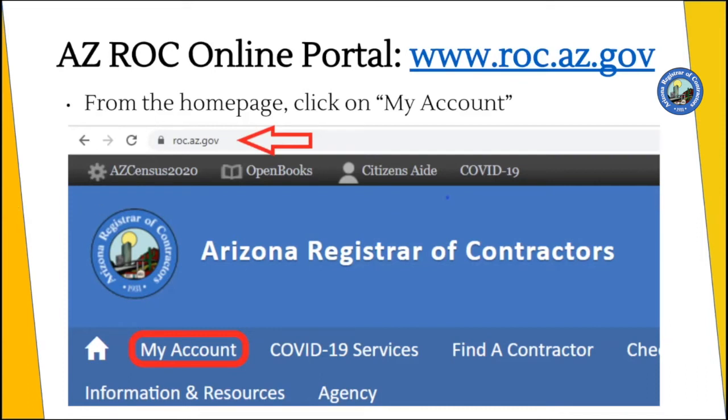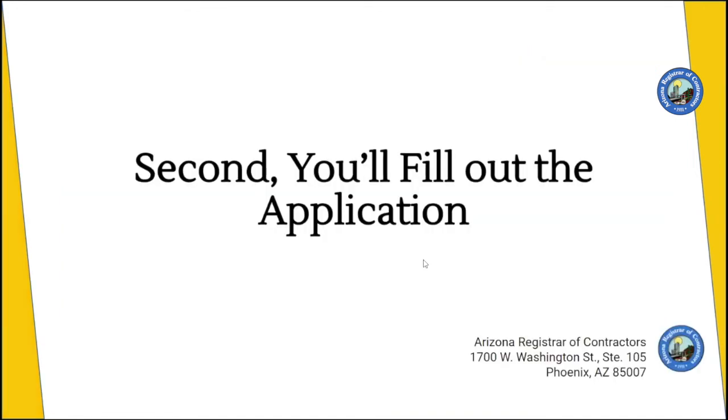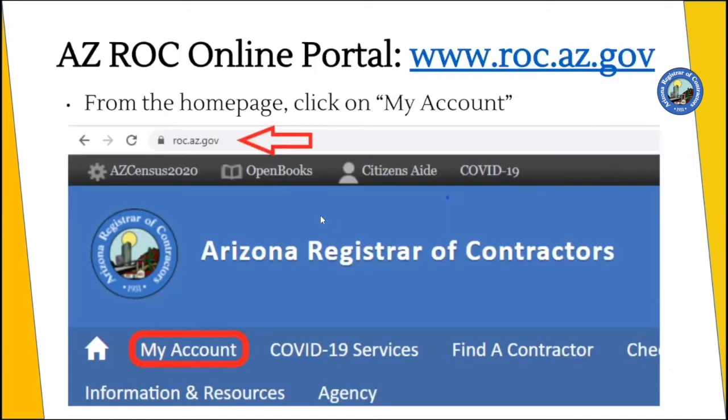Once you're in your dashboard, you'll have an option to connect your entity to your account. You're going to want to do that by searching your entity name. And then you will fill in that information. We discussed business type, business contact information.